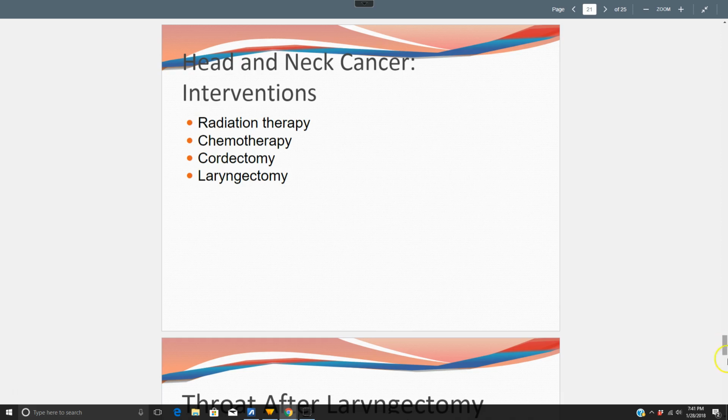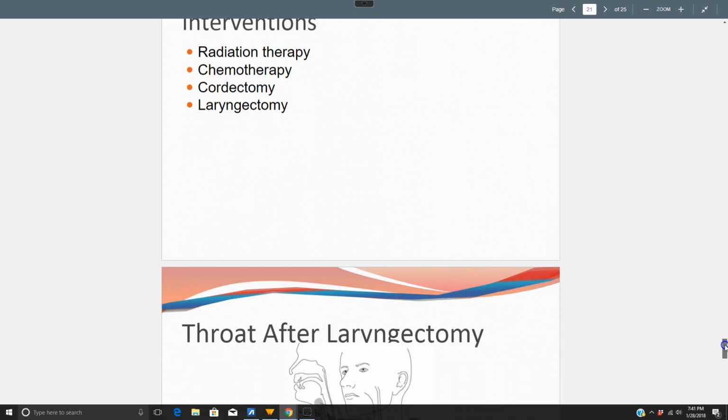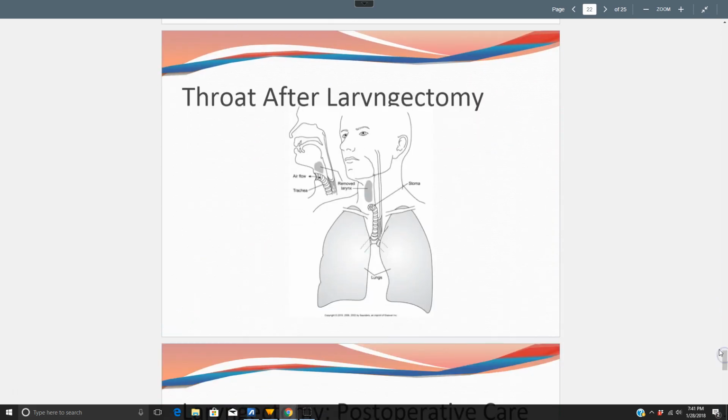I do want to talk about cancer of the larynx, and when we talk about laryngectomies, we'll talk about either temporary or permanent laryngectomies, the teaching and what it entails, some of the surgical procedures that we want to look at, and what happens to that person after they develop cancer and have to have either a partial or total laryngectomy. It totally changes their life.